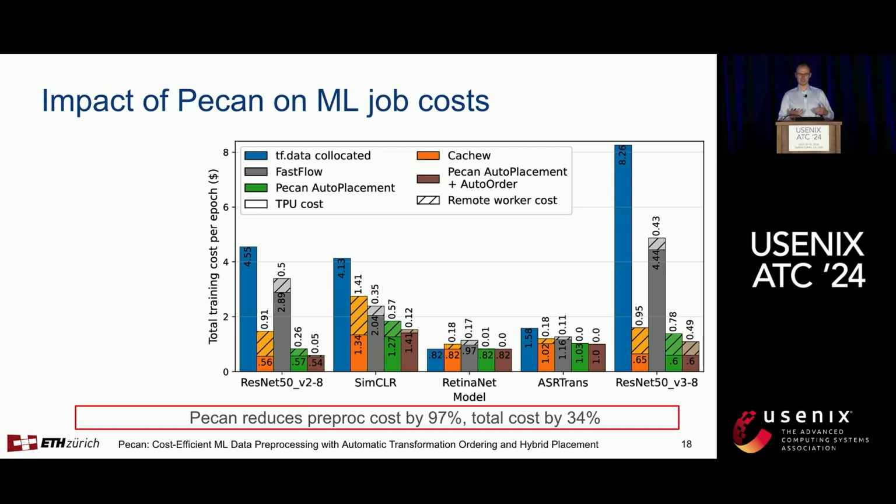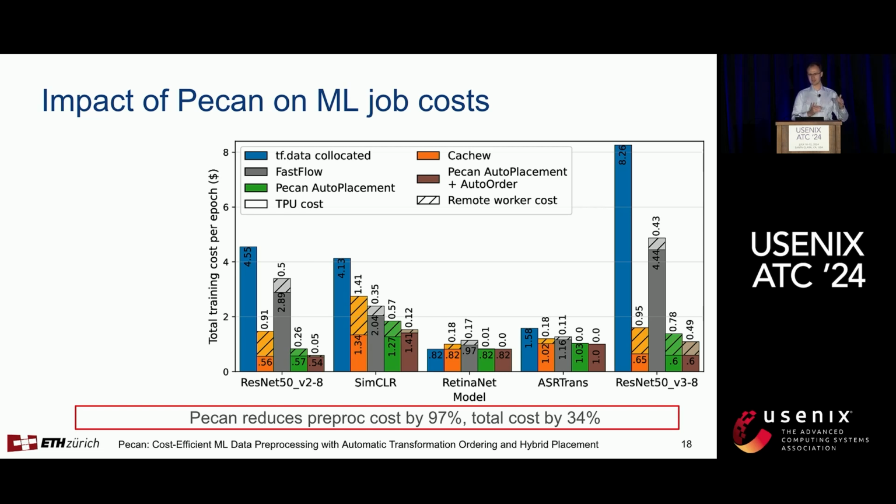So what's the impact of these policies put together? Well, now on top of our previous bars, we also have the brown bars, which is putting Pecan's policies together. And as you can see, we've actually reached the minimum cost across all 5 workloads. And for several of these, we've actually managed to remove the need for any remote workers at all.